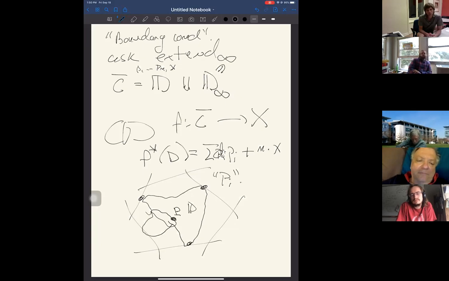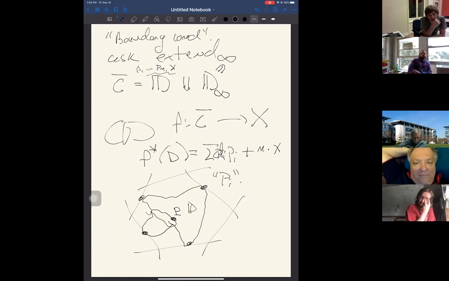Here's D infinity. It has one more point of contact. Oh no, sorry, I don't call it X. I was already calling my point X. This guy had P1 up to X. This C bar had one more point. It had all the points P1 up to PM, the point I called X, and then one more point. Let's call it Z. So sorry, the extra contact.